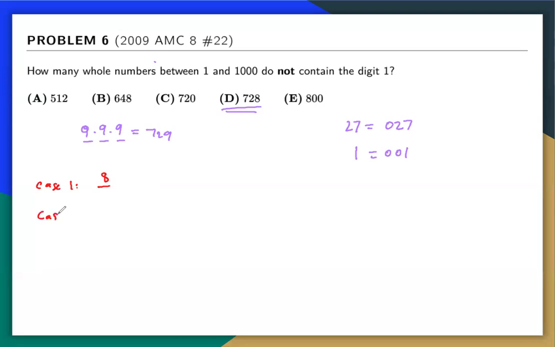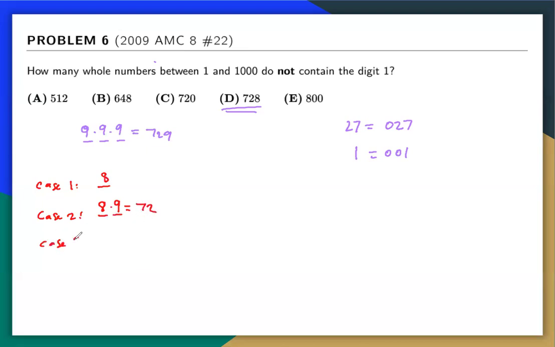Case 2 is two-digit numbers, where we again do not want to use 1. 0 and 1 are not allowed for the tens digit, so we have 8 options, and then we can have 0 but not 1 for the units digit, so 9 options. That gives 72 two-digit numbers.